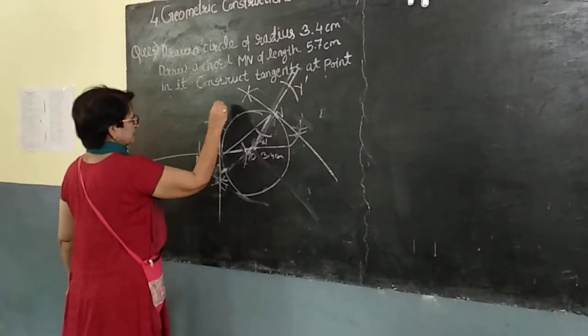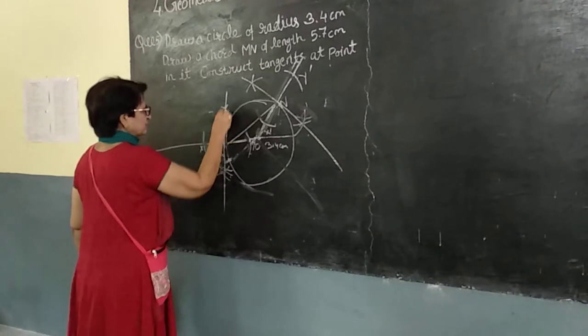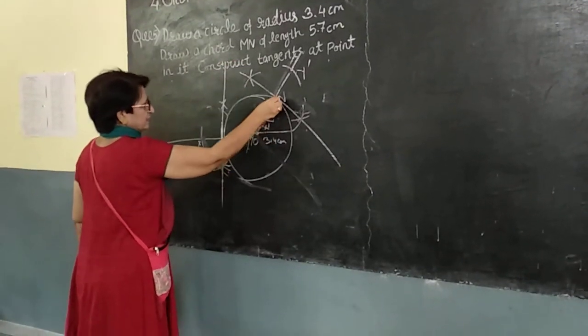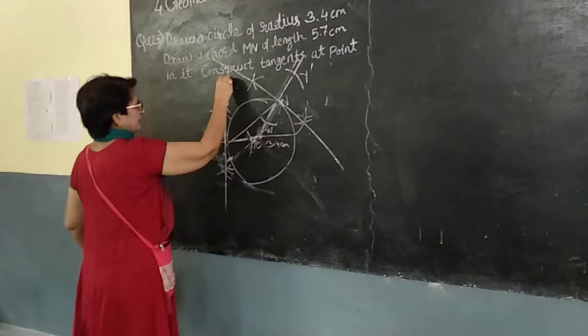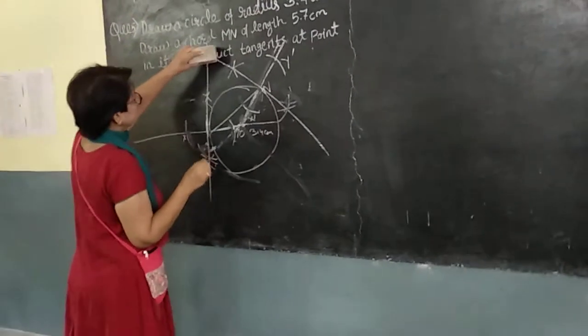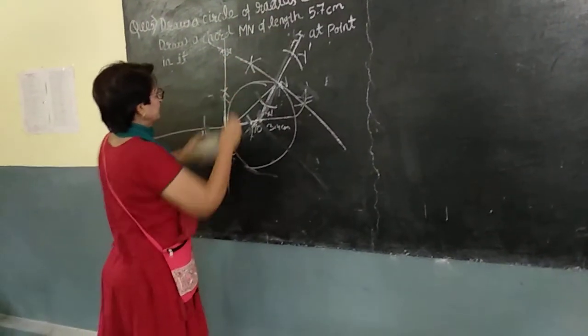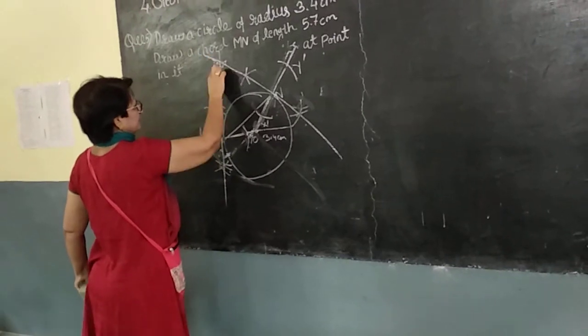Now if you extend this tangent like this and you extend this tangent like this, then they will meet at a point. They are meeting at a point.